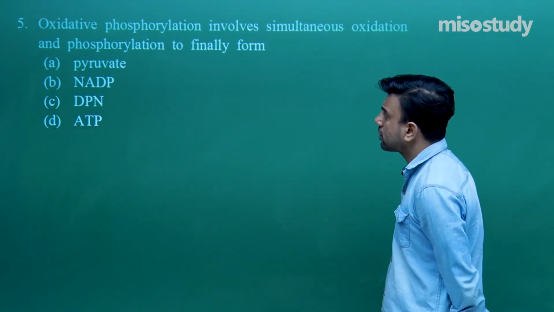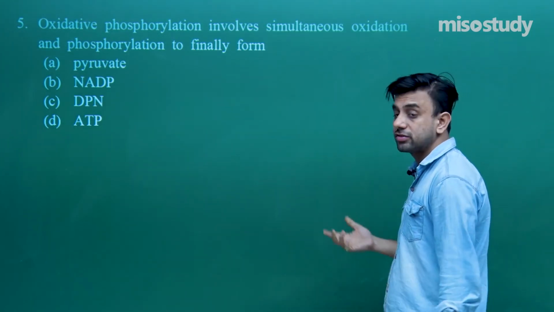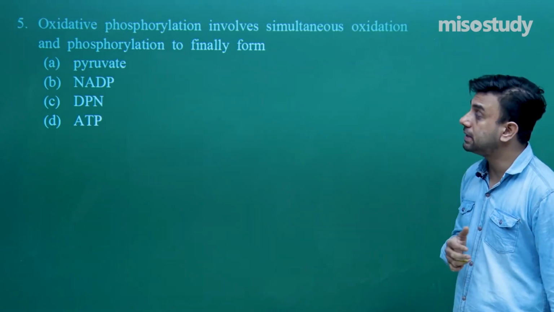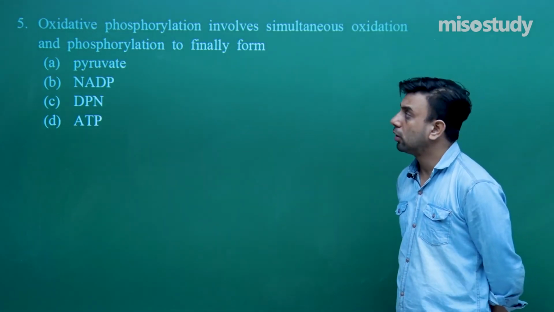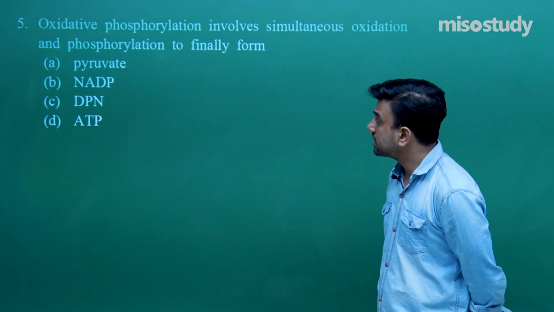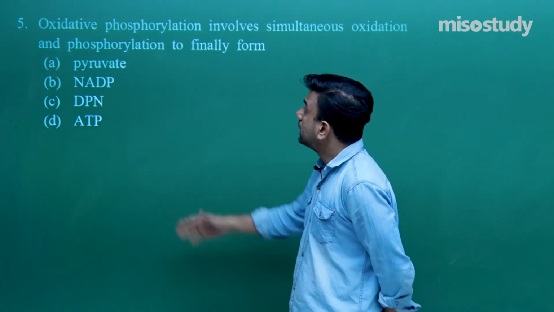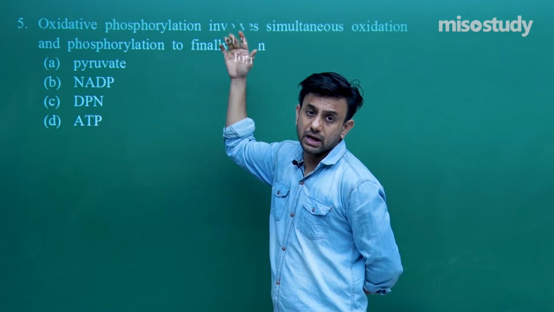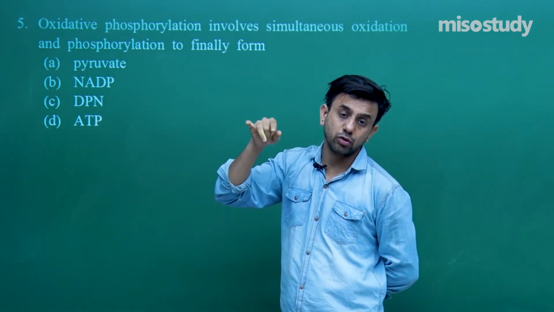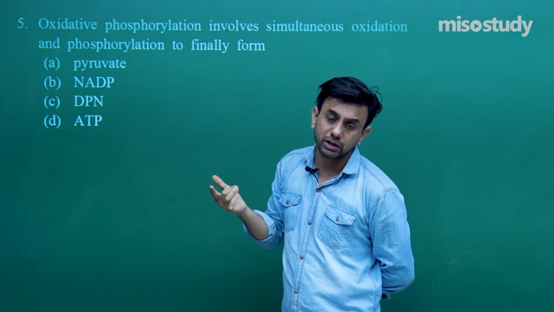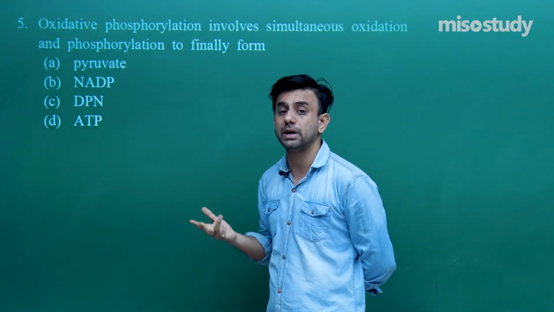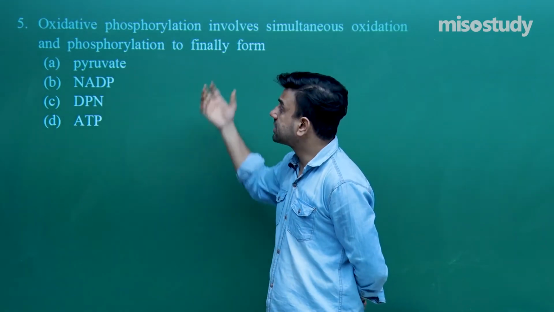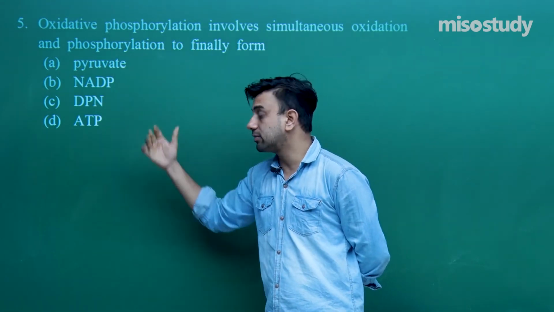Oxidative phosphorylation itself means there will be an addition of phosphate to ADP. The word phosphorylation itself tells you that, that is the addition of a phosphate group to ADP, and if a phosphate group is added to ADP, it will definitely form ATP.